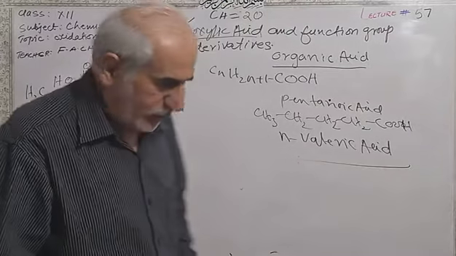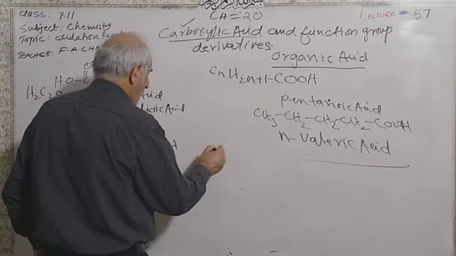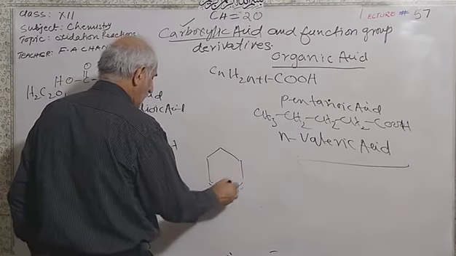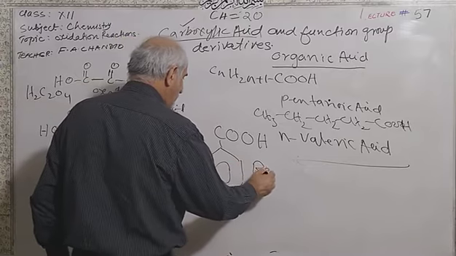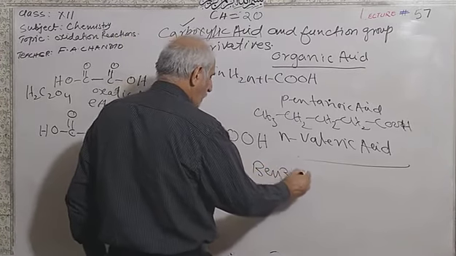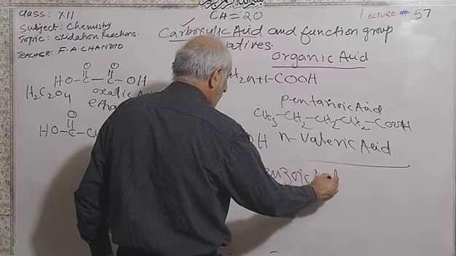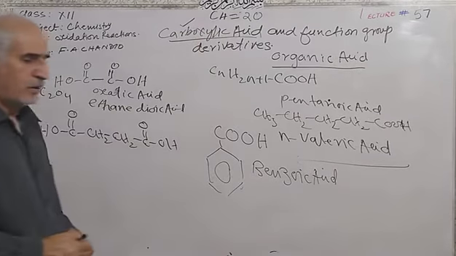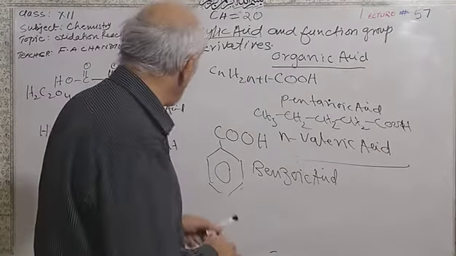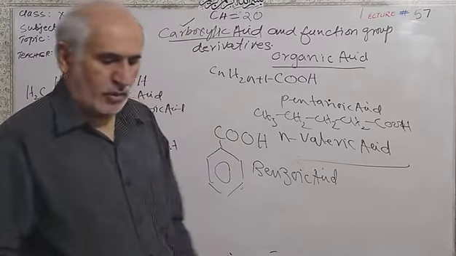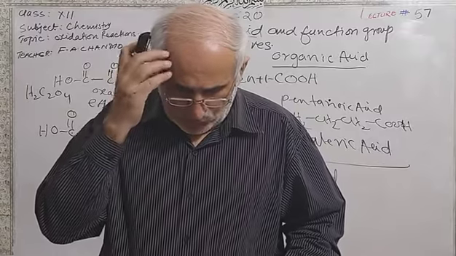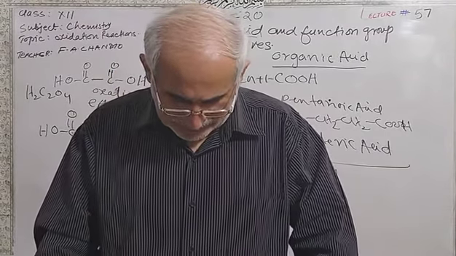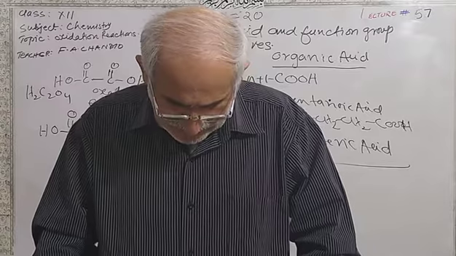And if there is a benzene ring, this is benzoic acid. If we put another functional group COOH, we call it phthalic acid, 1,2-benzene dioic acid, a dicarboxylic acid.